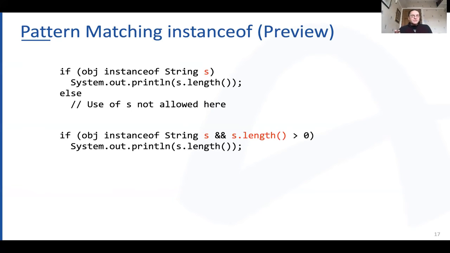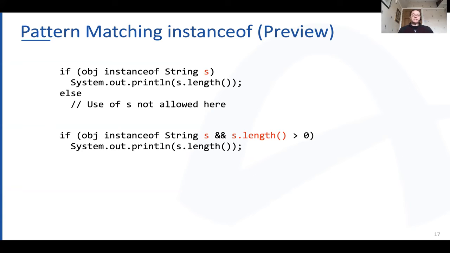We can do some more clever things with that. So we could do something like this. We can say if obj instanceof String s, and then use an AND operator and check to see if the length of that string is greater than 0. If it is, then we'll print out the length of that string. The reason we can do that safely is because in the case of the AND operator, the left-hand side is always evaluated first, and only if that evaluates to true will the right-hand side of the operator be evaluated.